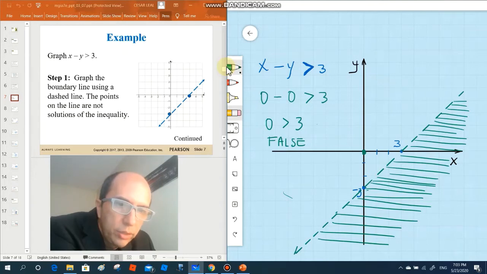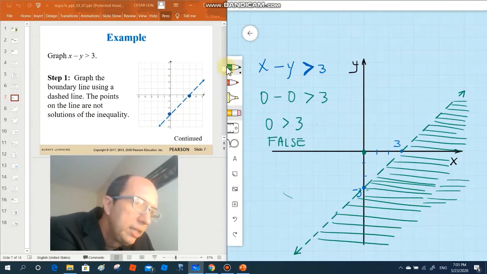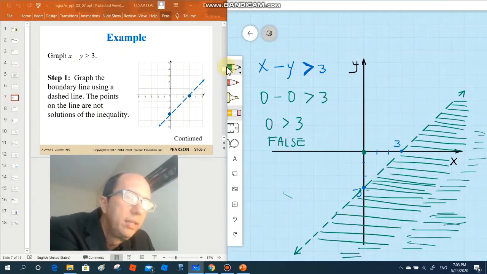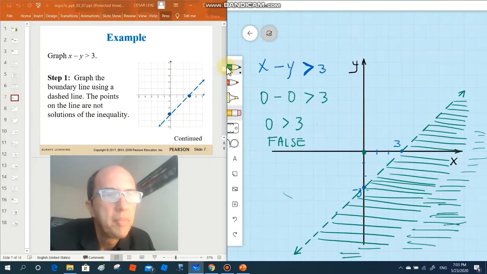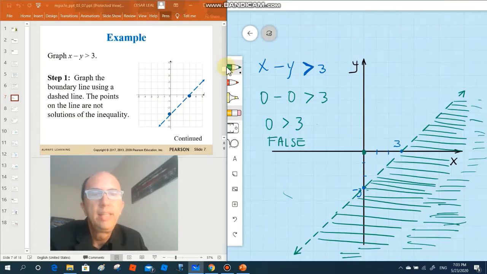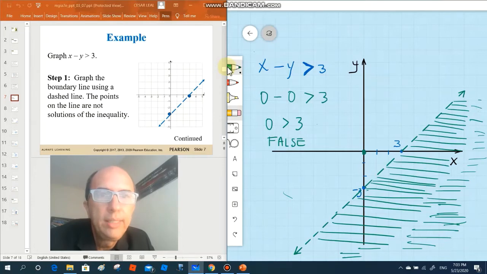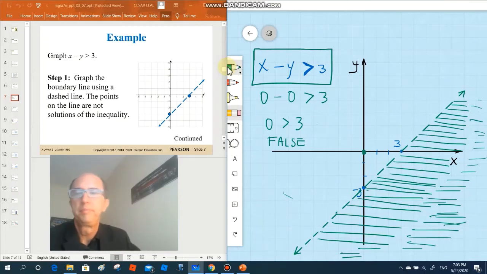And don't forget, this goes all the way to infinity, and this dashed line is going all the way to infinity. Okay, this is the representation of what? That inequality, x minus y is greater than 3.